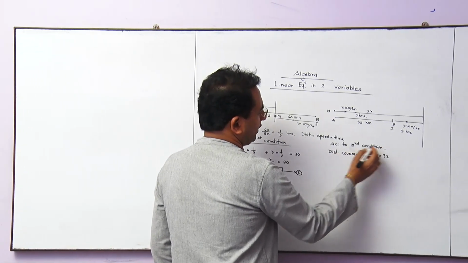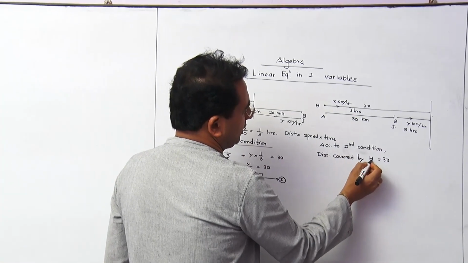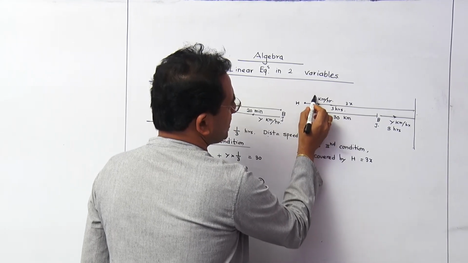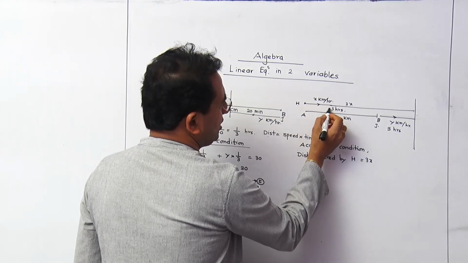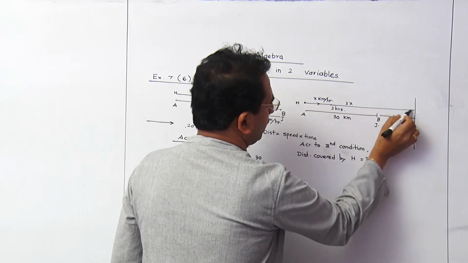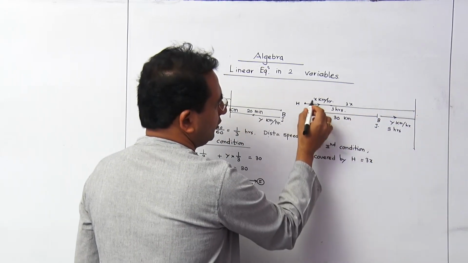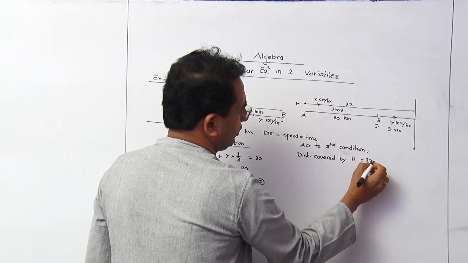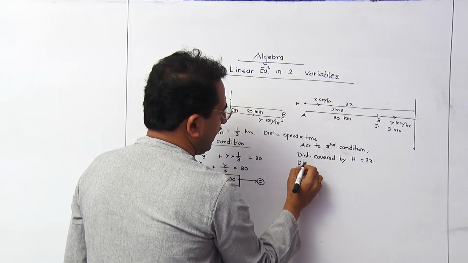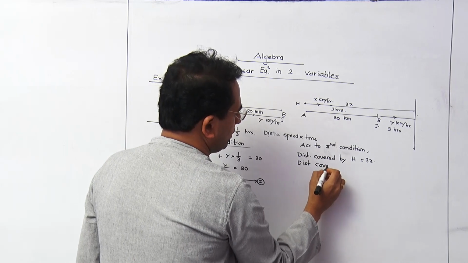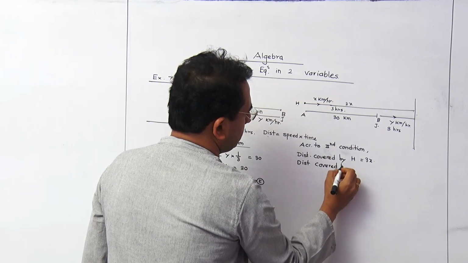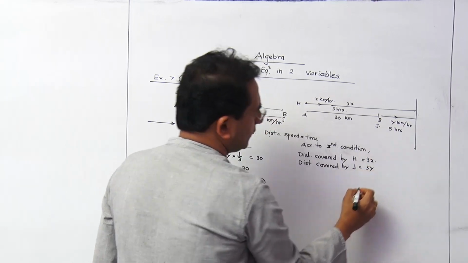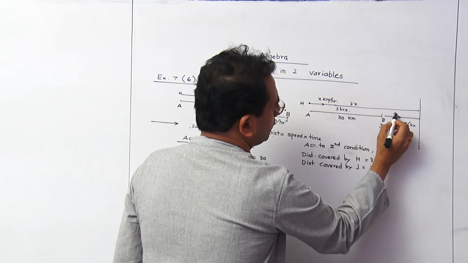Now they have given speed as x kilometers per hour, and he is moving for 3 hours. So distance covered by him by bike is 3x kilometers, and similar to that, distance covered by Joseph is going to be 3y. Now I will write 3y here.